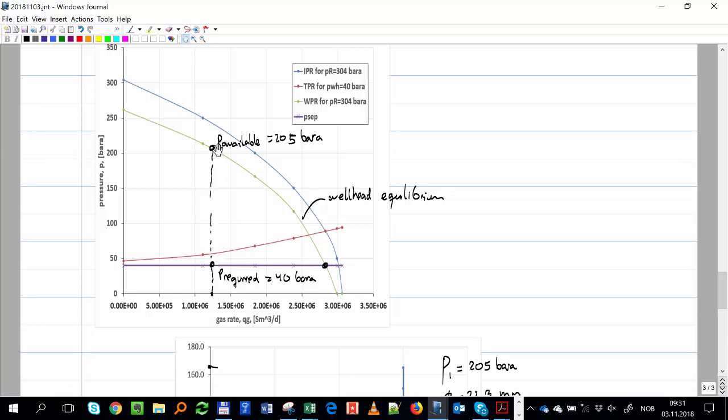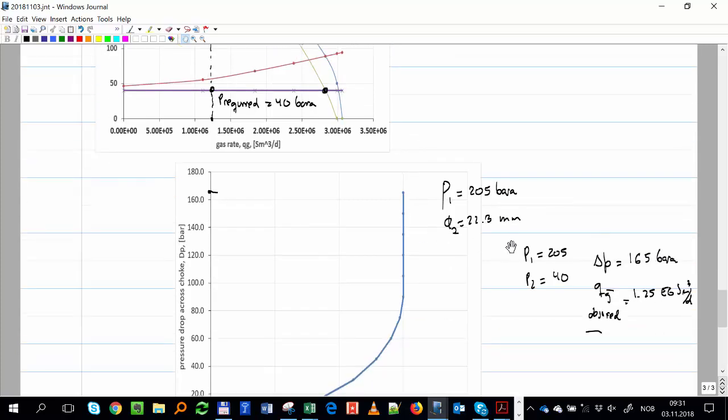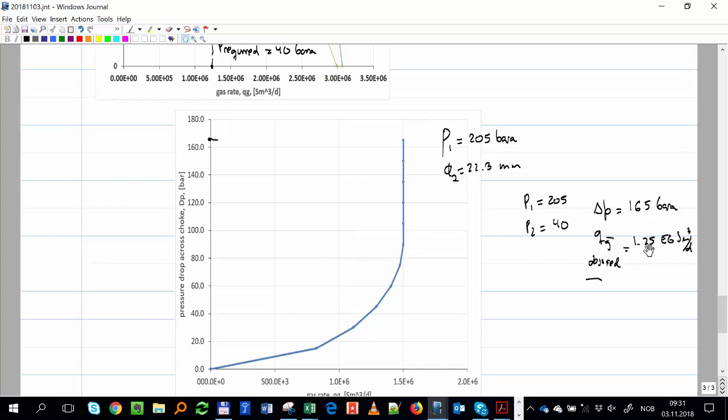Okay, so here I'm calculating that I need a choke to give 165 bar and a rate of 1.25. So 1.25 is here. The point I want is here, and the point that I have with the choke is here. Yes? So the choke doesn't work for that purpose.